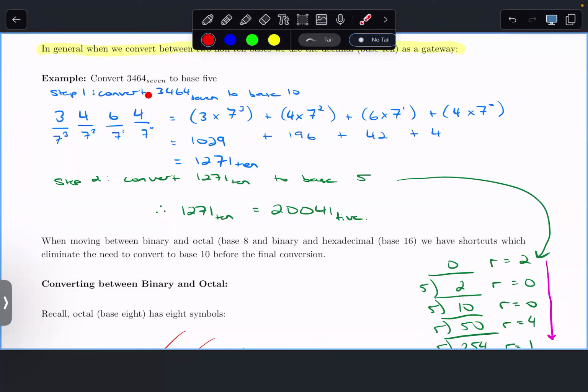Where you have to convert from a non-button base to another non-button base, right? This way I can test you, well, do you know how to convert to base 10? And then do you know how to go back to the new base, right? So I would consider this a good, solid question, or that type of question.